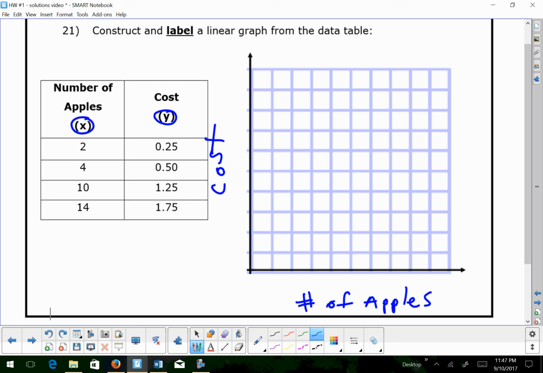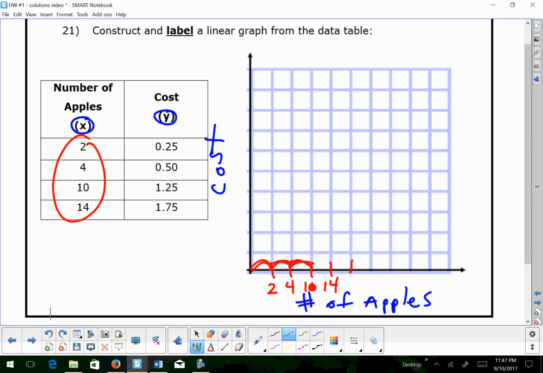Now the first thing I'm going to do is show you a very common mistake. I see it every year and it's wrong. Students take a look at the values in the chart and they really just start copying things like this. 2, 4, 10, 14. And this is not accurate. Those are the numbers in the table, but a graph cannot have a representation of 2, 2, then 6.